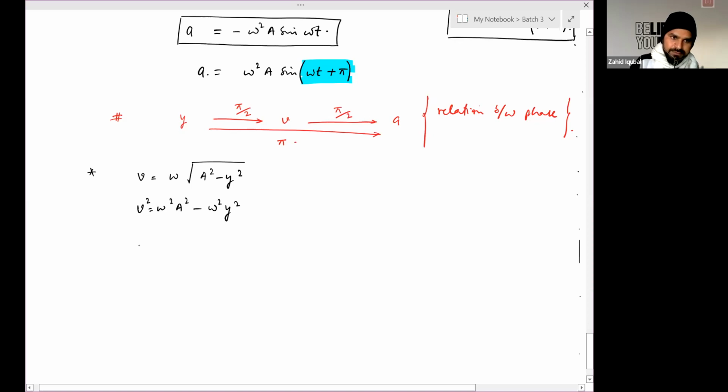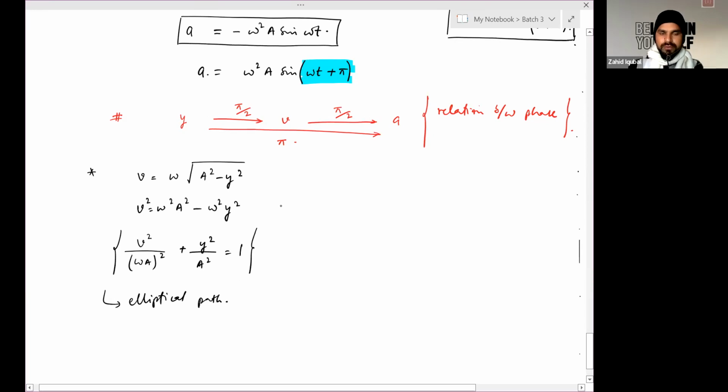On solving, you will get v square divided by omega square a square plus y square divided by a square equals 1, which is nothing but elliptical in shape, or simply the equation of an ellipse. So if you are asked to define the path of relationship between displacement and velocity, it will be elliptical in nature.